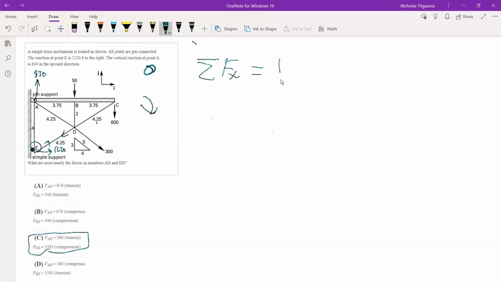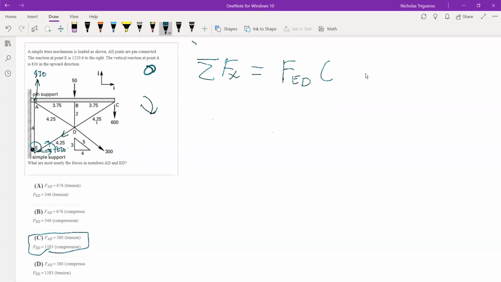So what we actually want to do is have this point E, actually ED, which is going to be that force, F_ED times the cosine of this angle.